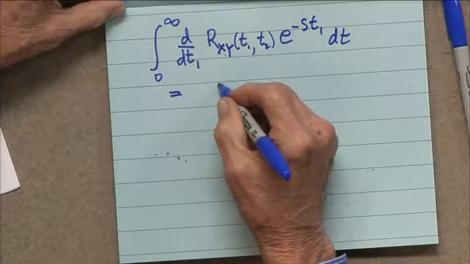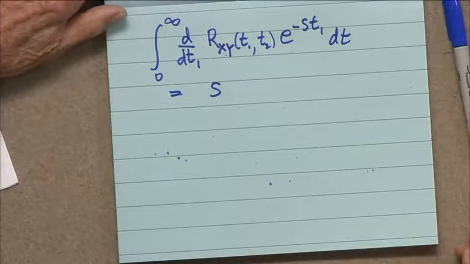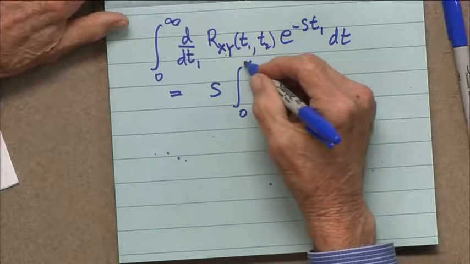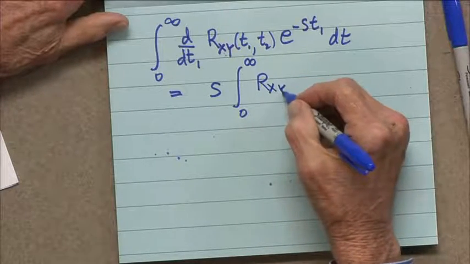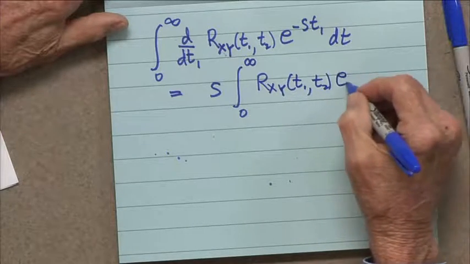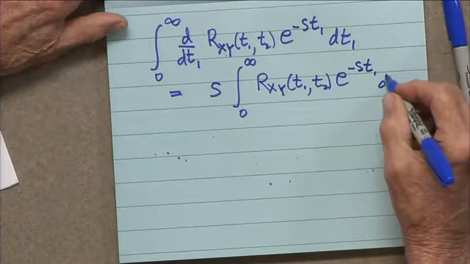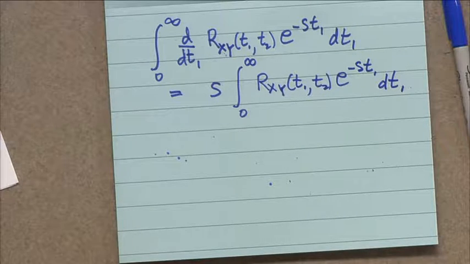That's equal to, I think, s times the integral from 0 to infinity of Rxy t1 t2 e to the minus s t1 dt1.